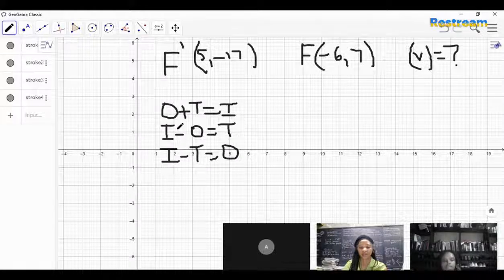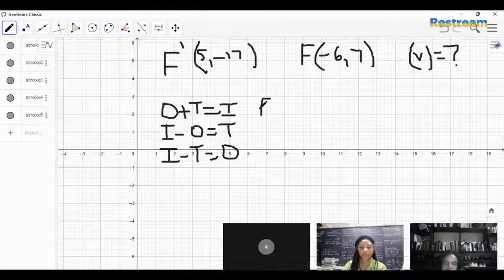So here we have the image, we have the object, we want the translation. So what do we do? We subtract F from F prime.